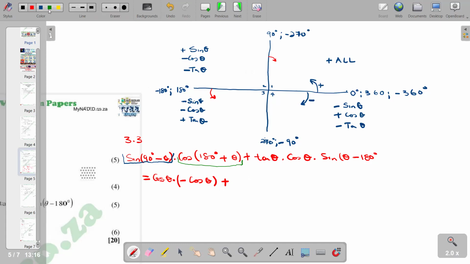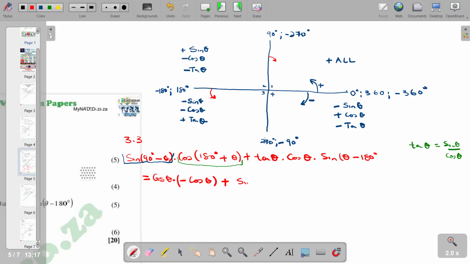We know that tan theta is always equal to sine theta over cos theta. So when you see tan, it's advisable that we change it to that.